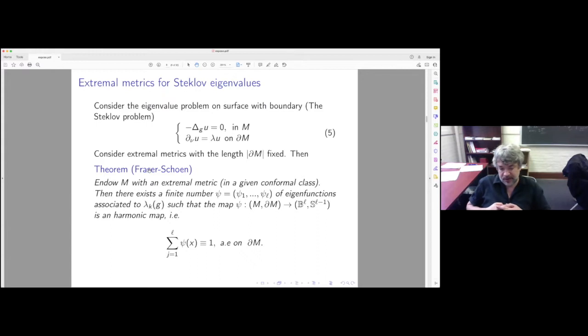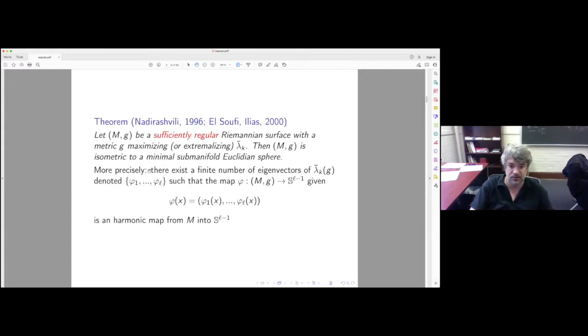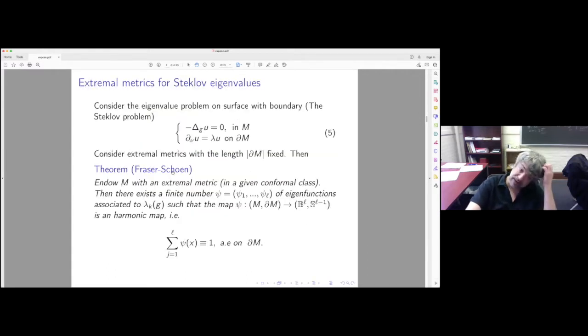I mean, the exact theorem that I stated here, but whenever you have a surface with boundary, they showed that if you endow your surface with boundary with an extremal metric for the Steklov spectrum, then you generate a harmonic map. This is associated naturally with a harmonic map with free boundary. So they pop up in this type of problem.